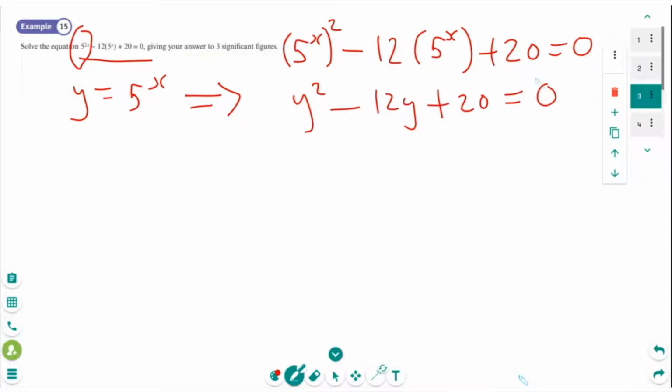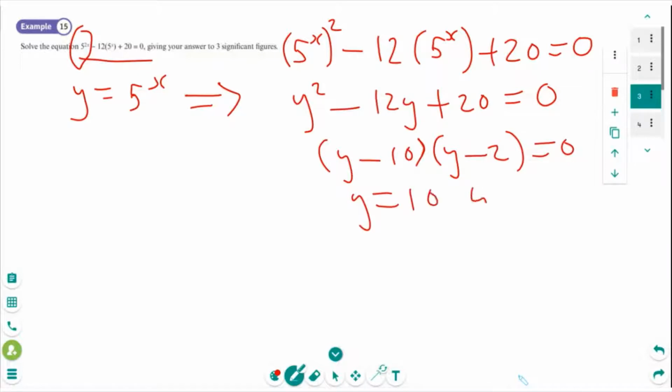So you solve the quadratic first to find y, then you go back and find out what x is. This quadratic can be factorized as y minus 10, y minus 2 equal to 0. So you get 2 solutions for y, but you haven't finished yet.